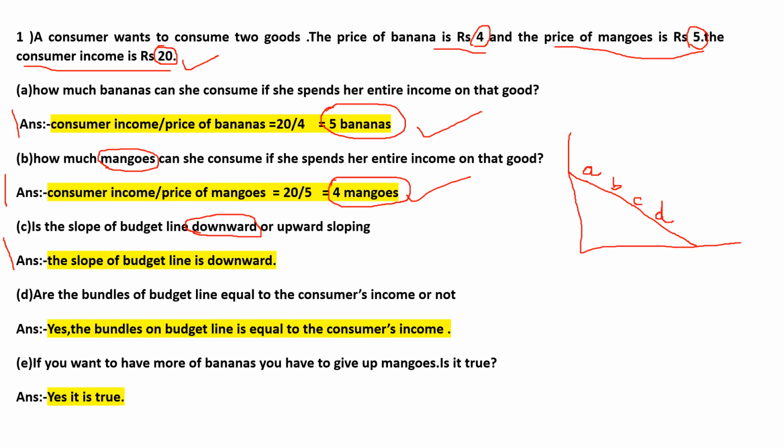At all these points, the income we spend is equal, because the income the consumer has is 20 rupees, so whatever you can buy is within this 20 rupees only. So what will be your answer? Yes, the bundles on the budget line are equal to the consumer's income. That is it. No need to give any extra explanation. One straight answer. Again, you will get 1 mark here.